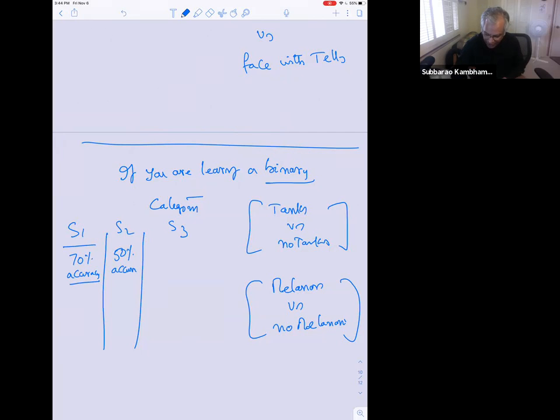System 3 has 30% accuracy. You understand what I just said? It's a binary classification system. Of these, which is the best system, according to you? If you have to pick one system, which is the best system for doing this task?